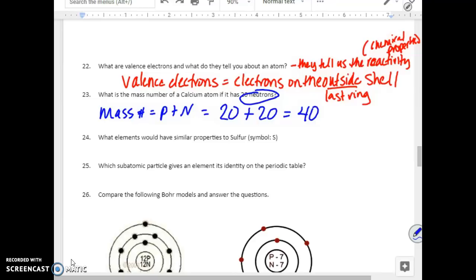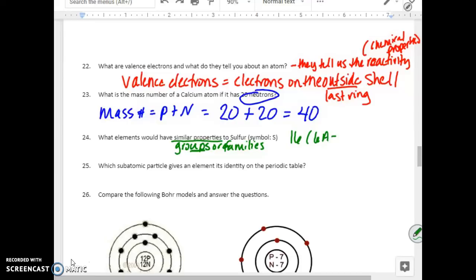Number 24, what element would have similar properties to sulfur? We talked earlier, to get similar properties, you need to go to the groups or families. And the groups go up and down. So if we look for sulfur on the periodic table, we will see that it is in group 16 or 6A.